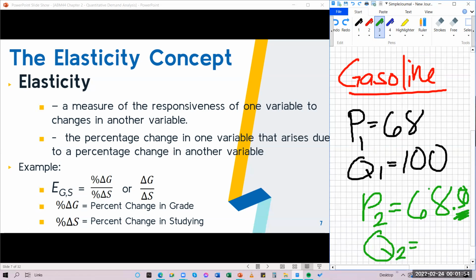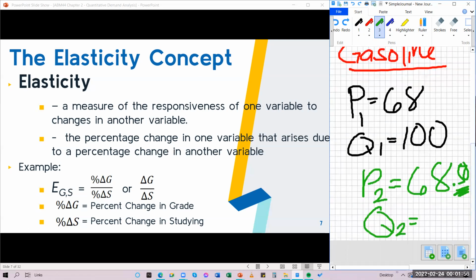How would it affect our quantity demanded? Probably instead of 100, which is our normal quantity demanded, it lessened to at least 50%. At least it lessened to 50, and fewer people purchased gasoline at 68 pesos per liter, from 68 pesos to 68.50.